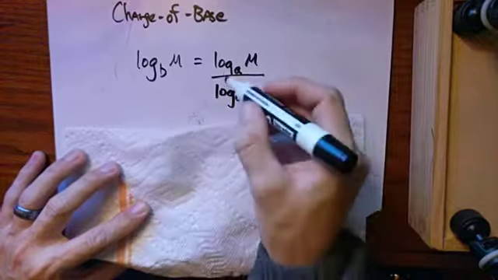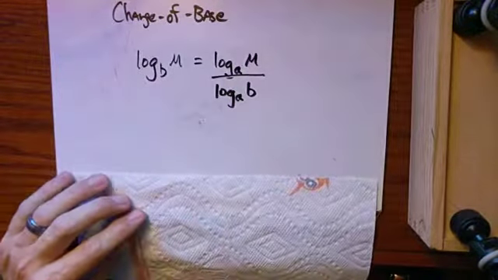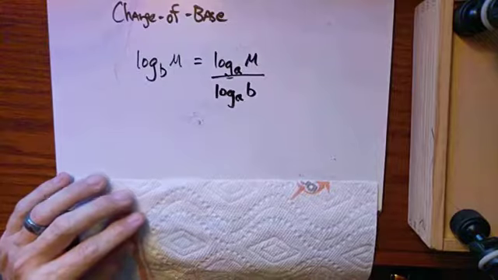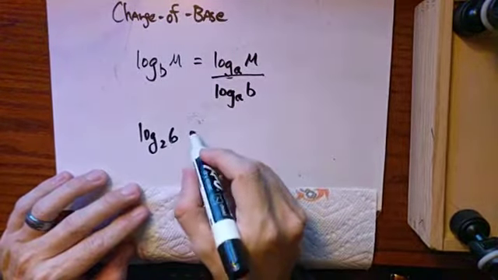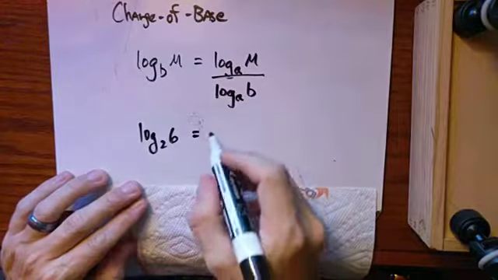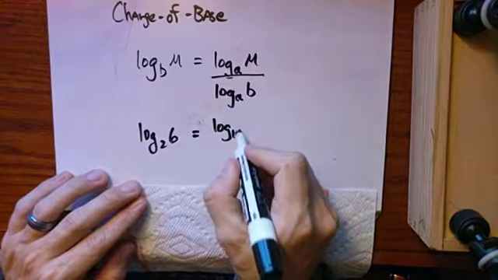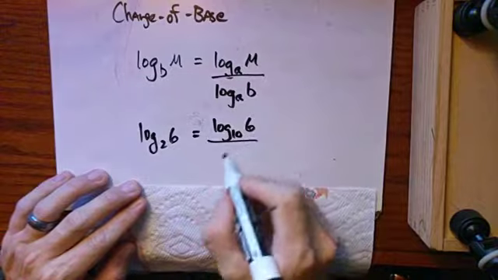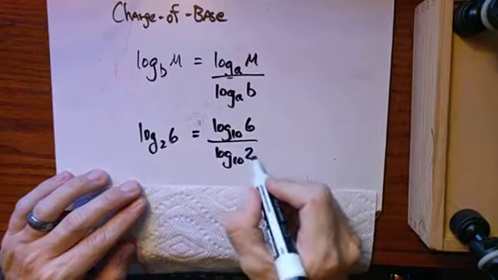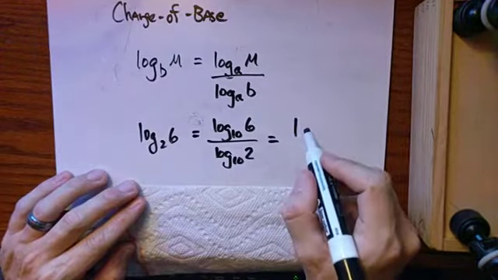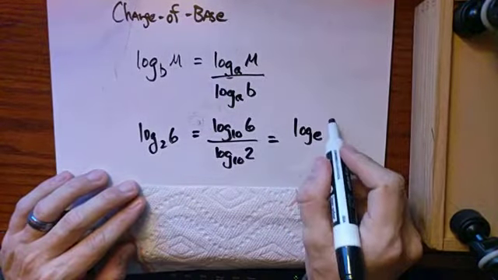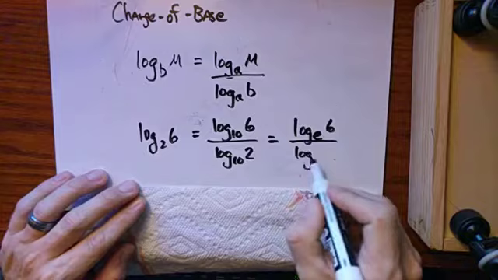Okay, now why is this helpful? Well, let me use the last example here. If we wanted to figure out what log base 2 of 6 is, we can do one of two things. We can make this log base 10 of 6 divided by log base 10 of 2, or we can say this is the log base e of 6 over log base e of 2.